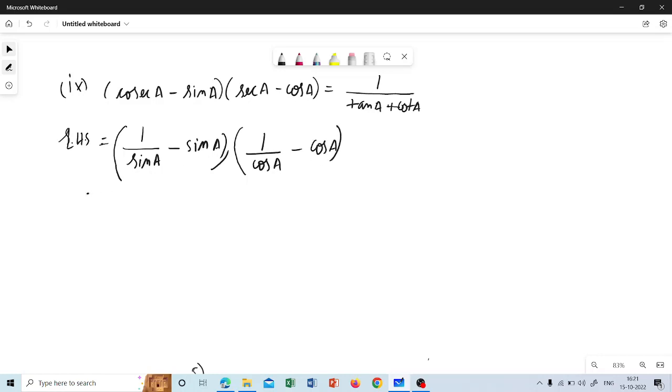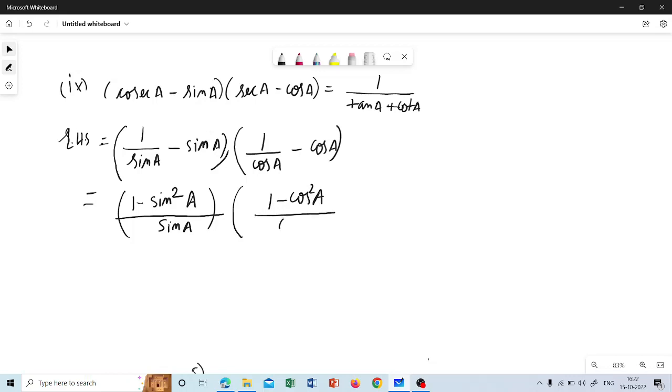So what is this one? If I simplify this, you will get 1 minus sine square a, taking the LCM, divided by sine a, into 1 minus cos square a by cos a.